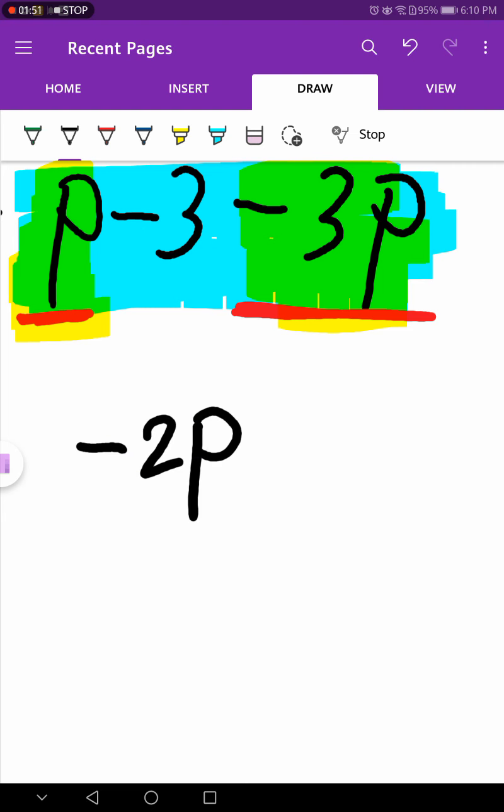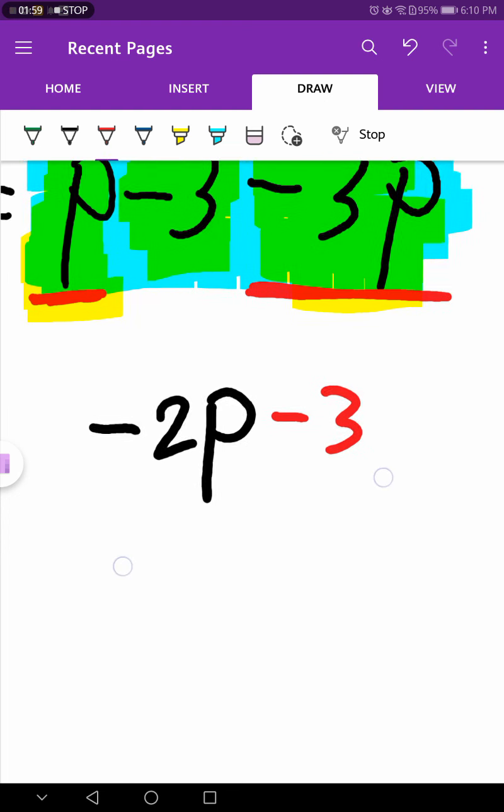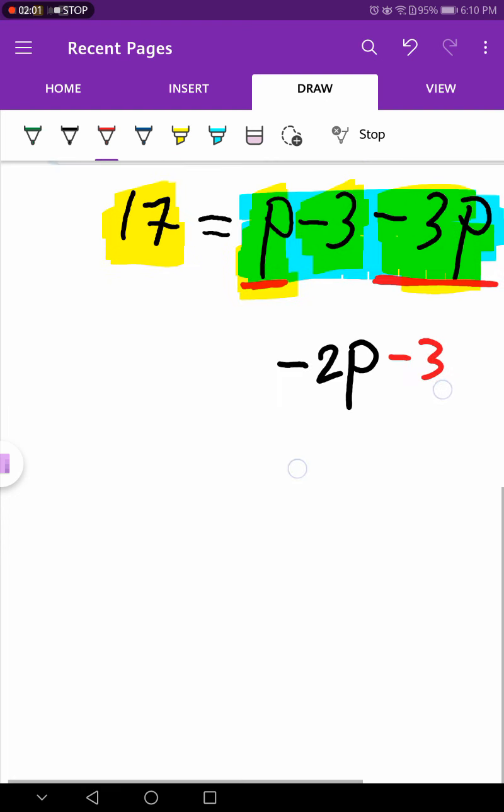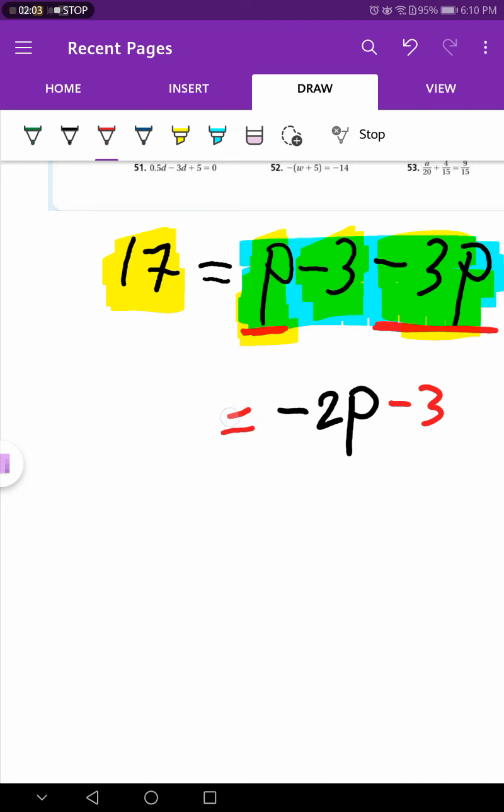And the negative 3 has nothing to combine with it, so negative 3. So this is the right side. What about the left side? It's just watching and waiting.